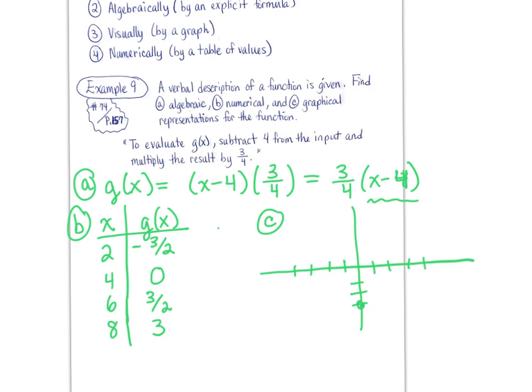So you'll get -3 here, then you'll go up 3 over 4, and down 3 and over 4. Oh, that's not pretty. Let's make that 4. How about that? And that's your graph.